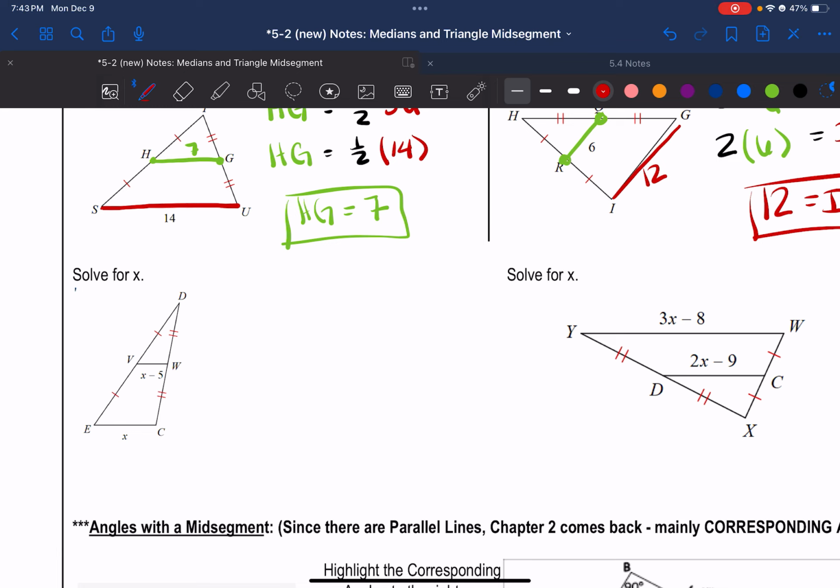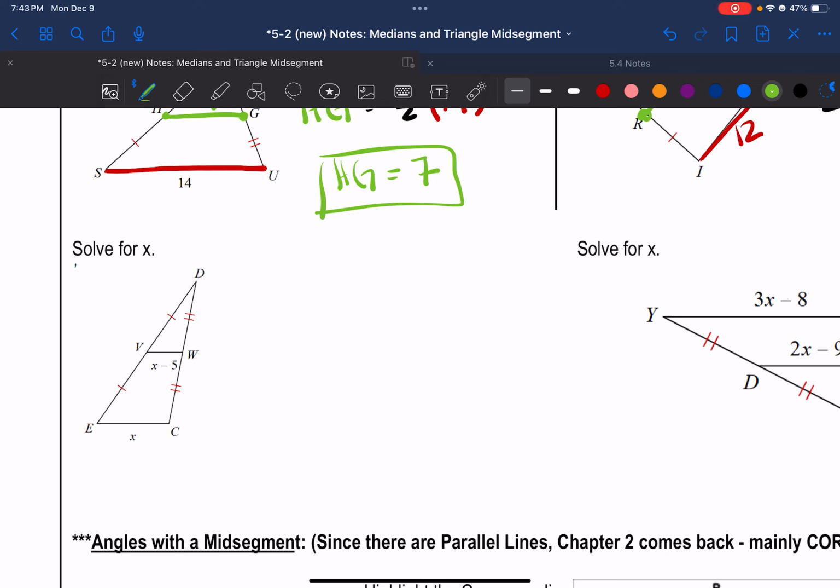So 2 times (x minus 5) is equal to x, right? And the reason why I had to put these in parentheses is because this 2 needs to multiply everything inside. So 2x minus 10 is equal to x.